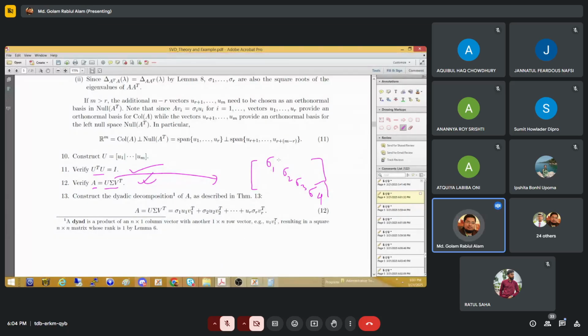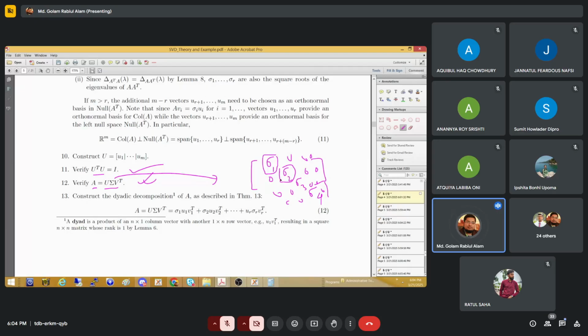So sigma 2 will be higher than all the other values, higher than sigma 3 and sigma 4, but lower than sigma 1. All other positions are just 0, we know.